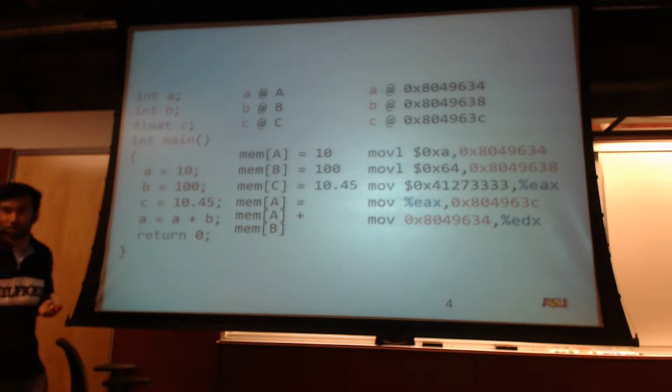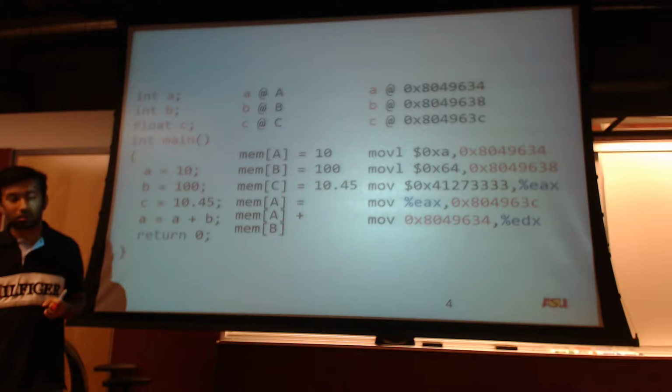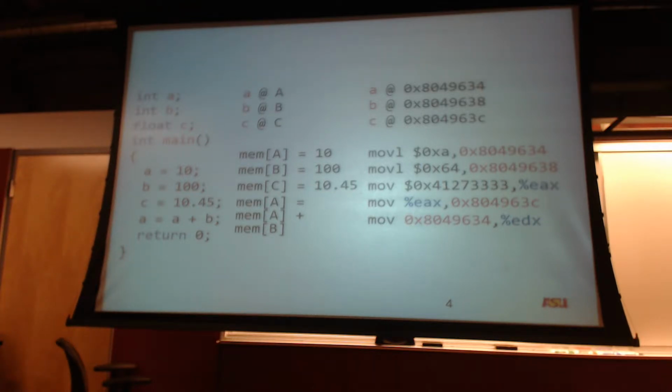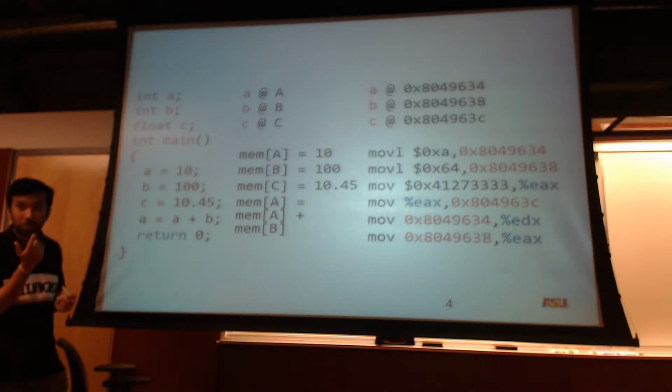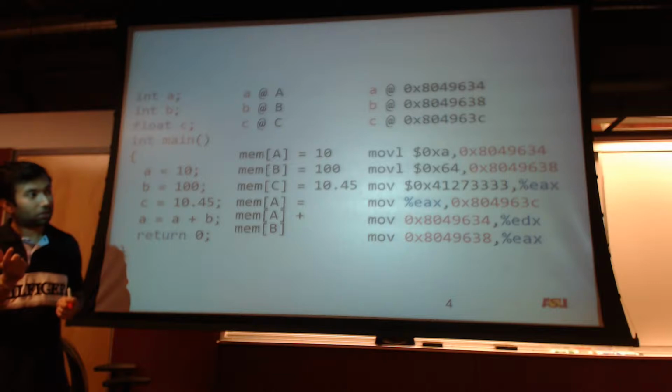So that is R1. R1 is EDX. Then you put B into the register EAX. So EAX becomes R2.